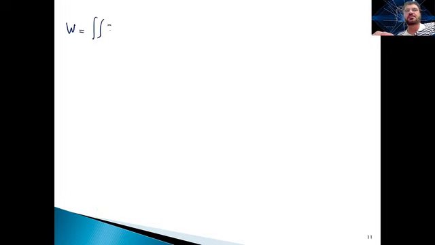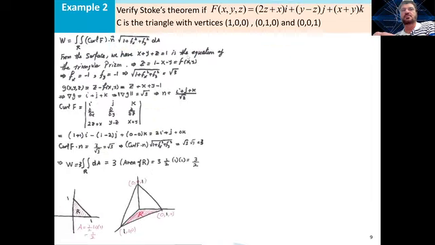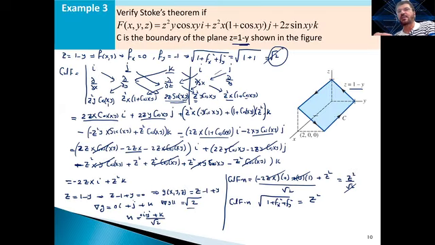It's the double integration of z square dA over r. Now, what is r? And by the way, what's z square in the question? It's 1 minus y square. So this is equal to the double integration of 1 minus y square. Now, let's look at the base. Where is the base, by the way? This is the region. Here it is.